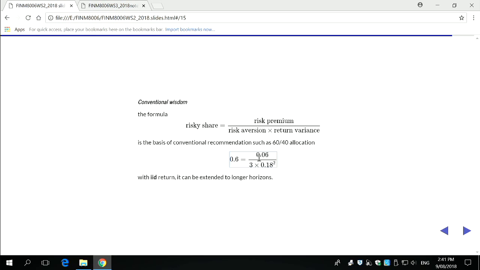Well, think about assumptions. What assumption do we need? Return needs to be IID if you can use this formula forever, right? So in the financial crisis, is the return IID?